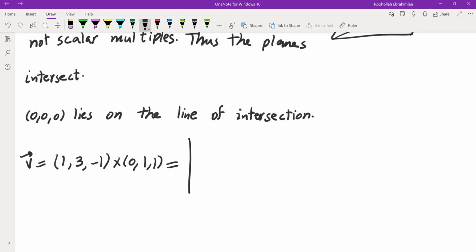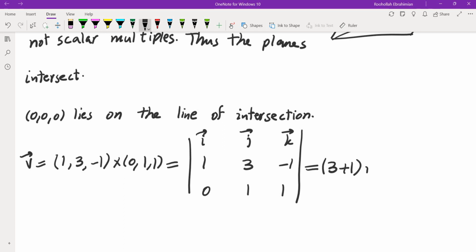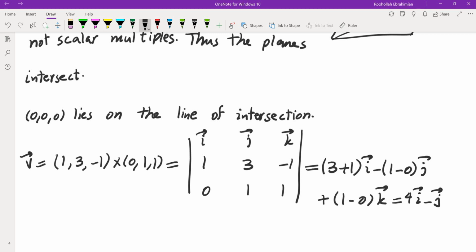So this would be a direction vector to the line. Eliminating the first column, we get (3 plus 1)i minus (1 minus 0)j plus (1 minus 0)k. So this would be 4i minus j plus k.